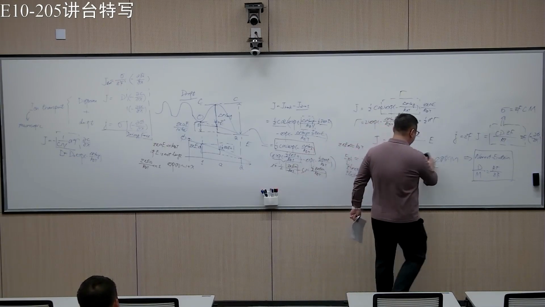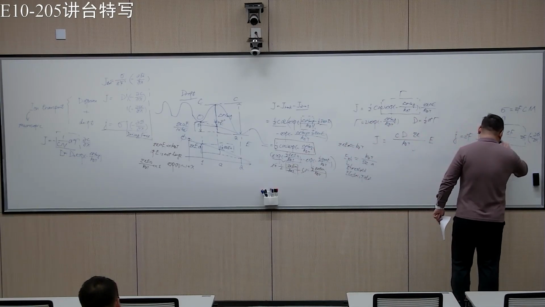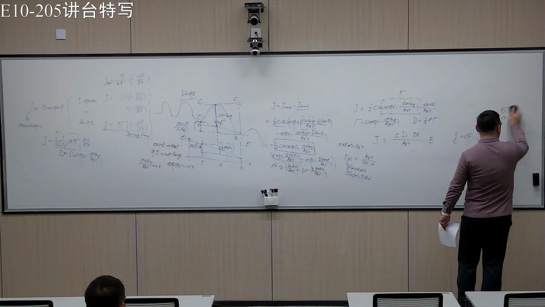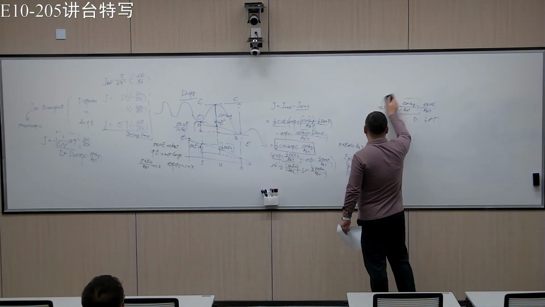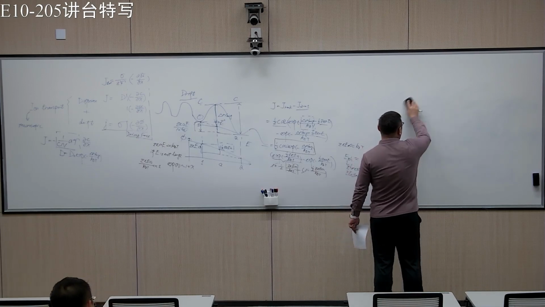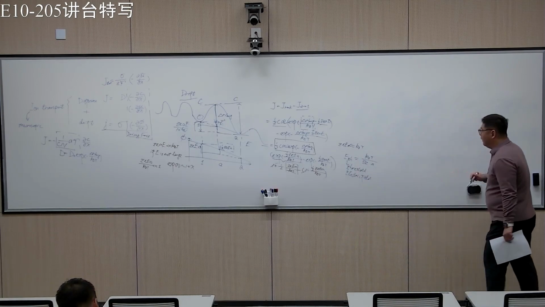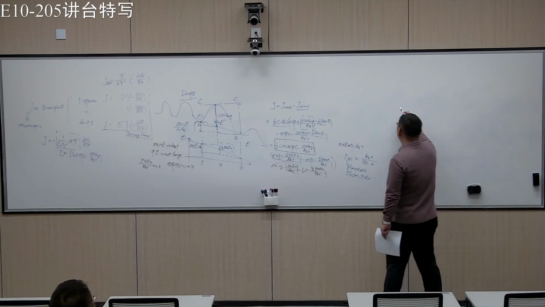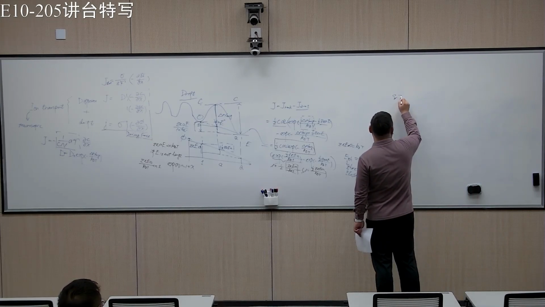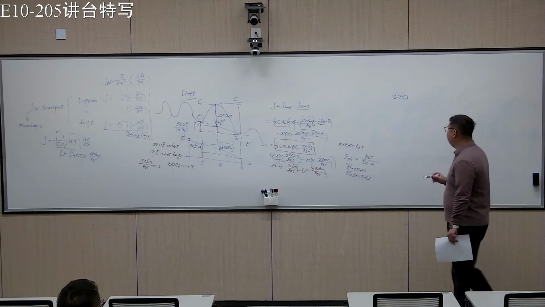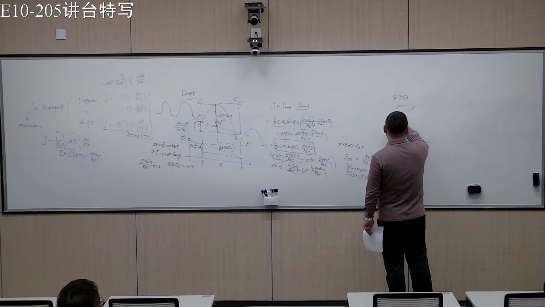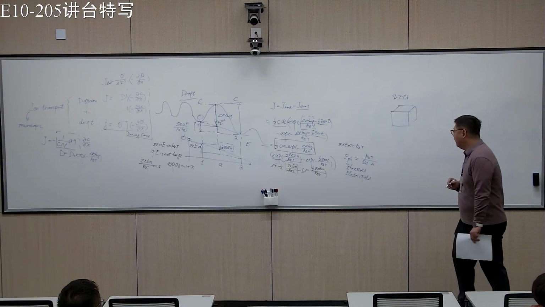So let's say, I'll erase this part. Let's imagine that you have a specific case, strontium titanate. We know that strontium titanate is a perovskite structure.